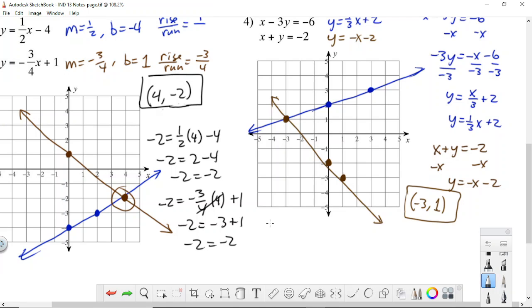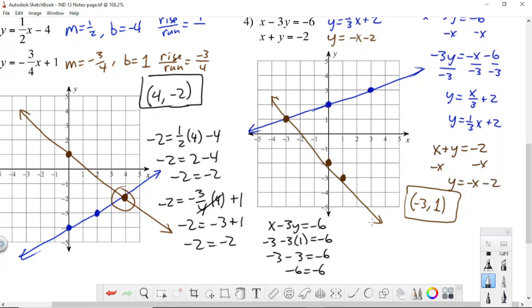So we have the first equation, x minus 3y equals negative 6. We're going to plug in the negative 3 for the x. Negative 3 minus 3 times y, and the y is 1, equals negative 6. Negative 3 minus 3 equals negative 6. Great, it works.